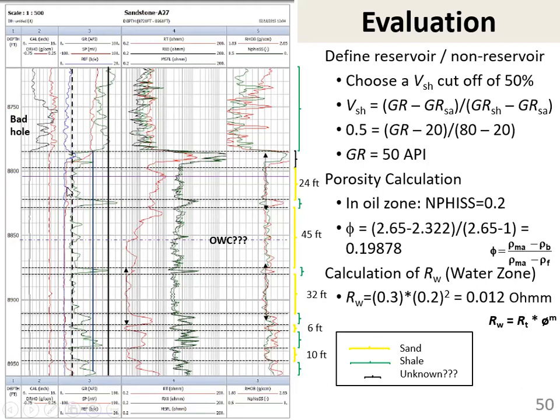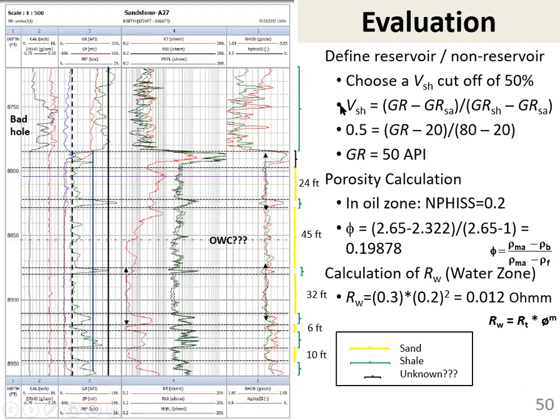For convenience, I've just used 20 API units. And I've also come to a modal value for the shale line. The dashed line here is the sand line, and this is the shale line. You see that I didn't use the maximum, I've just used the modal value. This is where you have most of the shale peaks, and that falls to about 80.